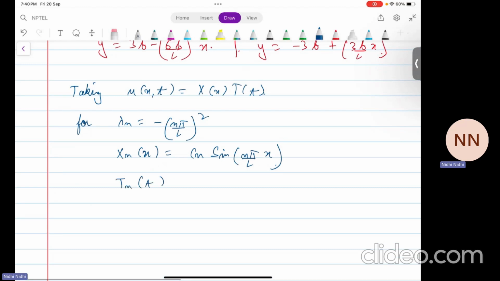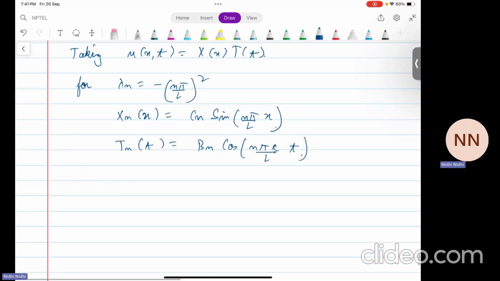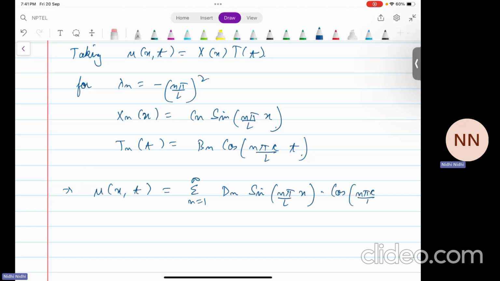T(t) will be some other function b_n times cos(n pi c t by L), which gives us that u(x,t) is equal to summation n from 1 to infinity some other constant d_n sine(n pi x by L) cos(n pi c t by L).